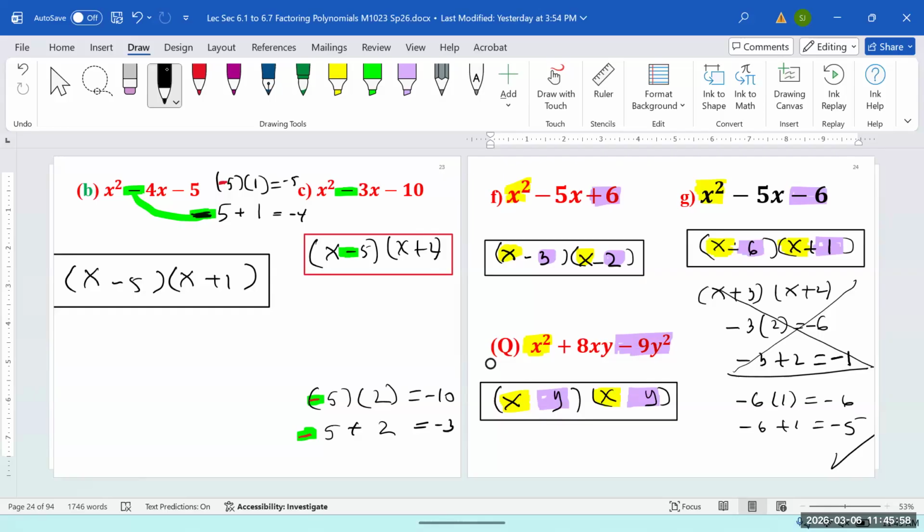And now split the negative 9 into two pieces that multiply to negative 9 and add to positive 8. One and 9. Okay. Now you have to decide the sign. Multiply to negative 9, but add to positive 8.